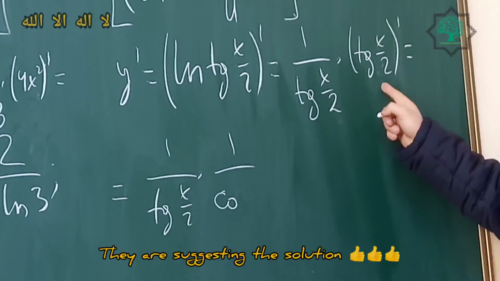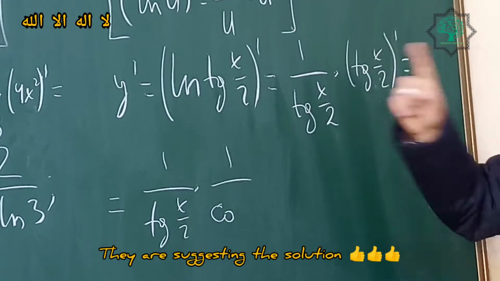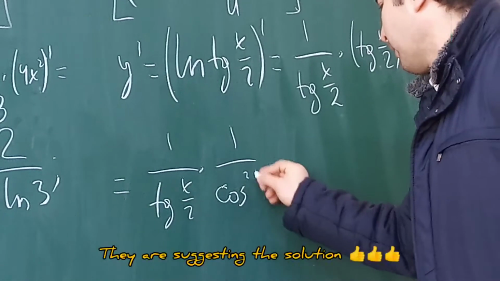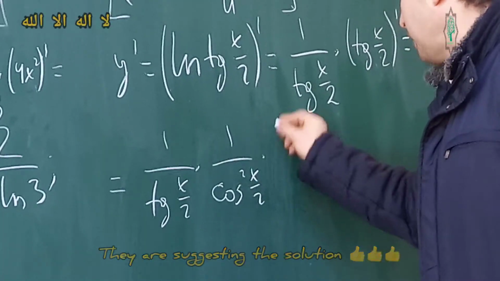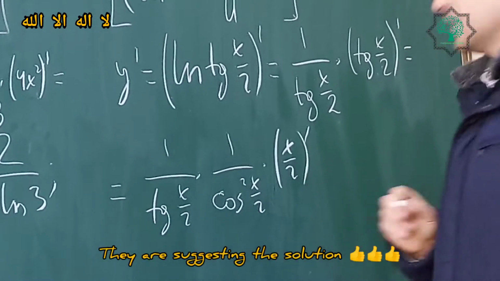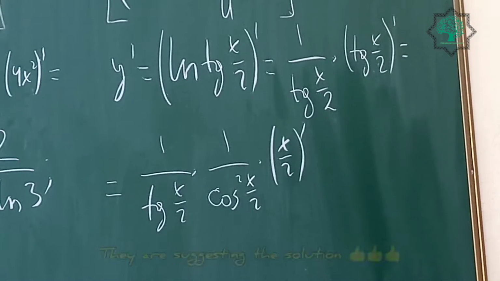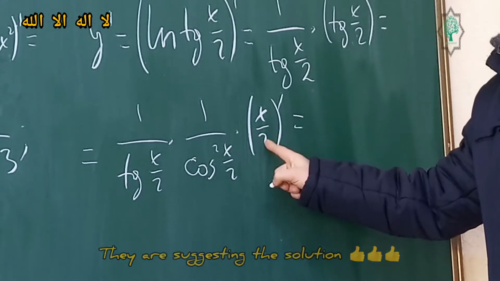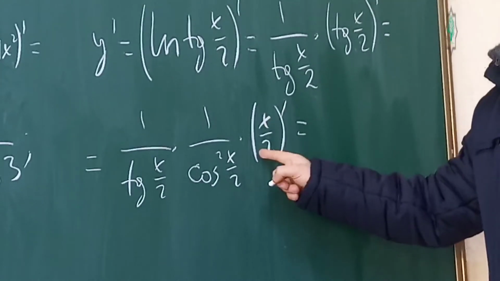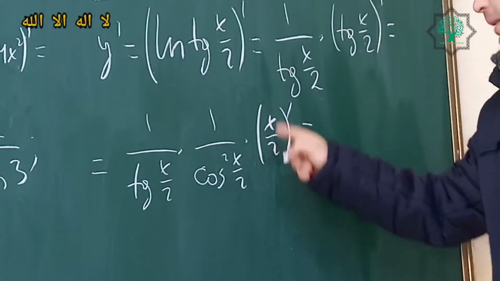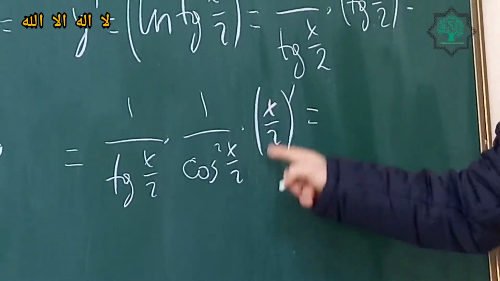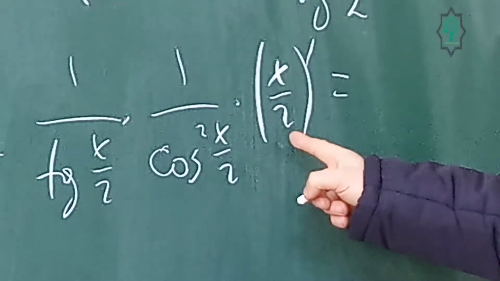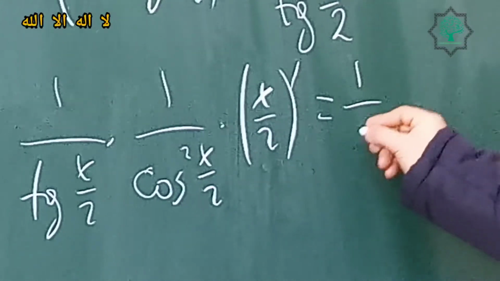This function is also a composite function. That's why we multiply once more. And what is the derivative of this function? 1 half. Yes, half. 1 by 2. It's great.